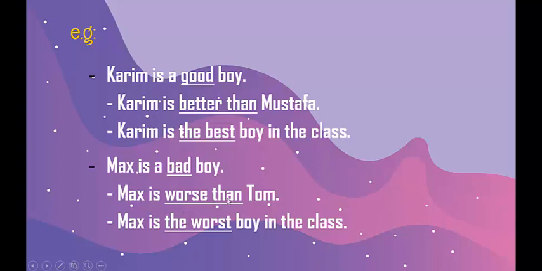And the superlative form, the worst. Let's read the example. Max is the worst boy in the class. So the comparative form of bad, worse than, and the superlative form, the worst. The comparative form of good, better than, and the best is the superlative form.